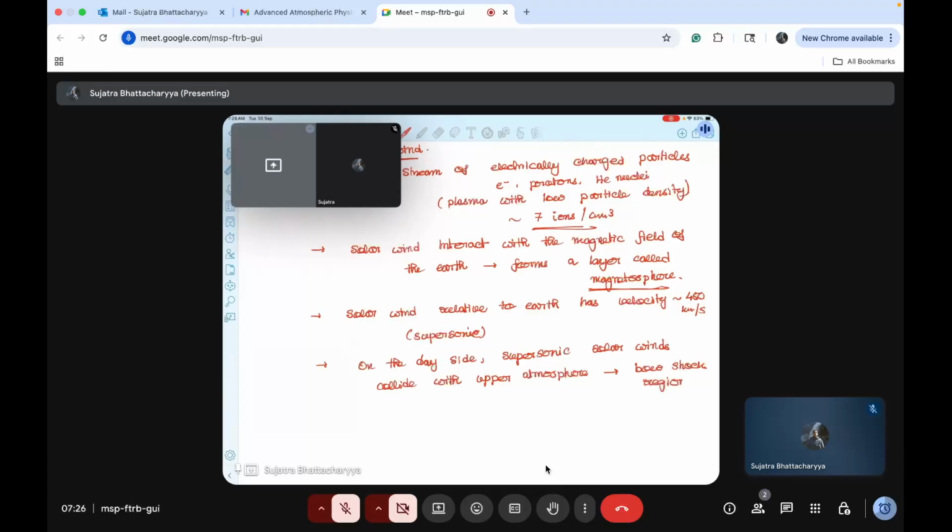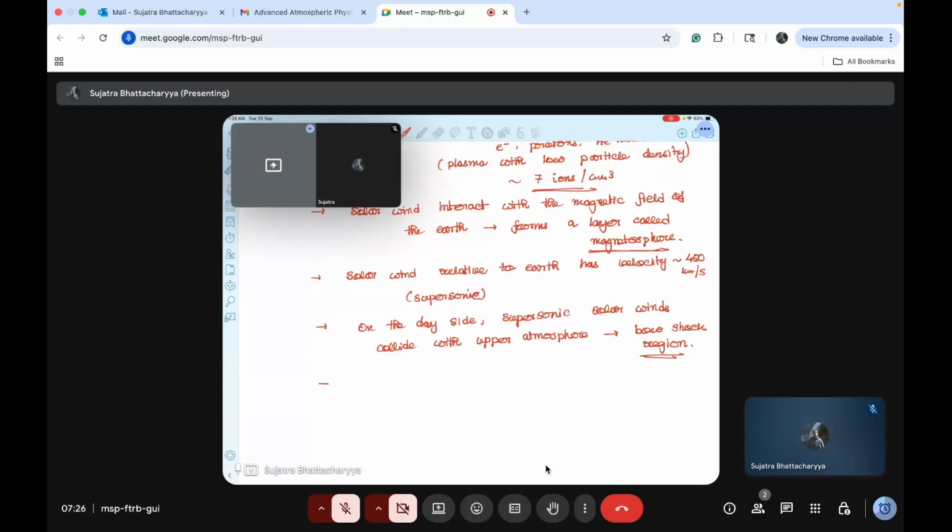These shock waves are generally produced when you have a supersonic aircraft. When it is moving at a speed greater than the speed of sound, a shock region is created. A similar thing here is the bow shock region. Now comes a region of magnetosheath.